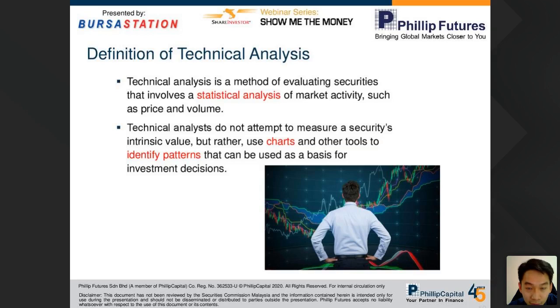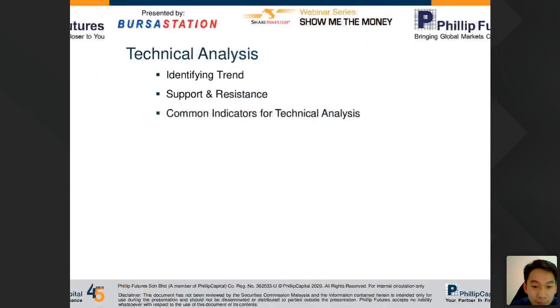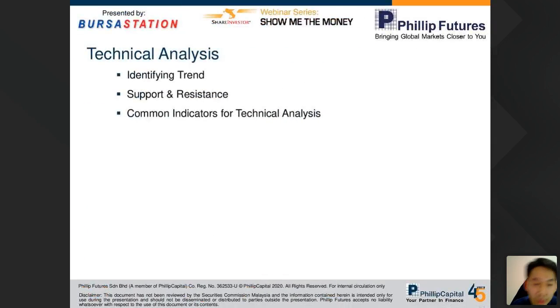If you are trading or investing purely on technical analysis, you want to understand how each technical indicator works. In this section, we'll cover three subtopics: how to identify the trend, what support and resistance are, and the common indicators for technical analysis.